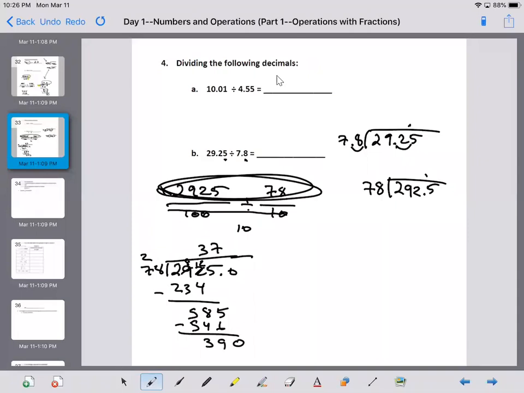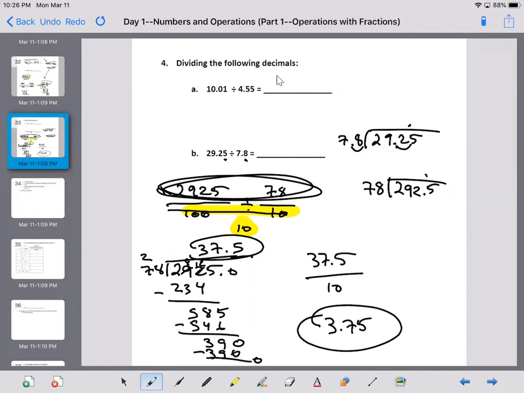And then 5 multiplied, that should give me 390 with a remainder of 0. Okay. So notice that my result is 37.5, but I need to divide it by 10, because I still had that 100 divided by 10, which is 10. So now that's going to give me 3 and 75 hundredths.